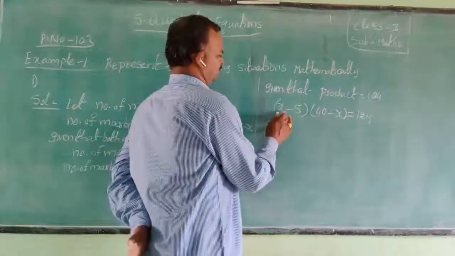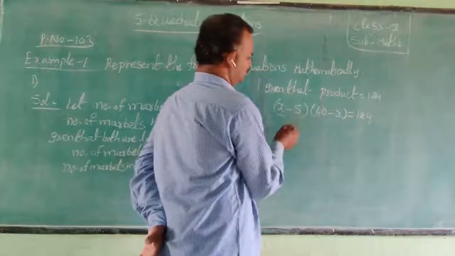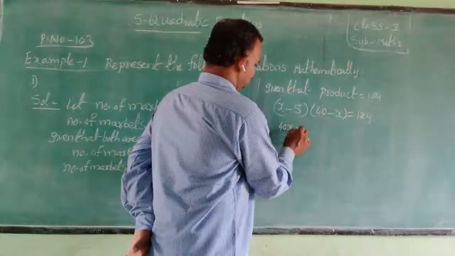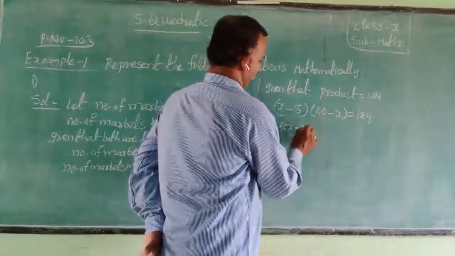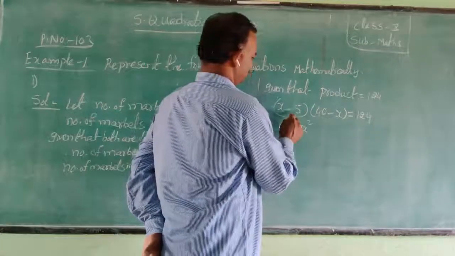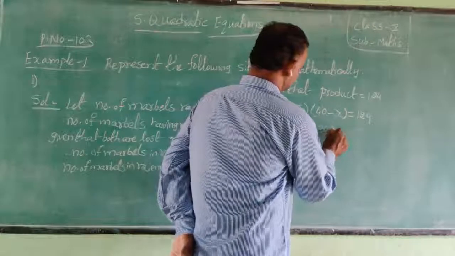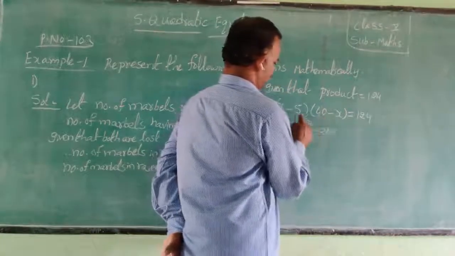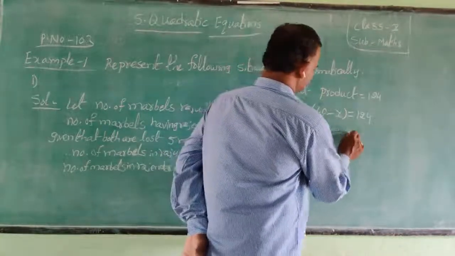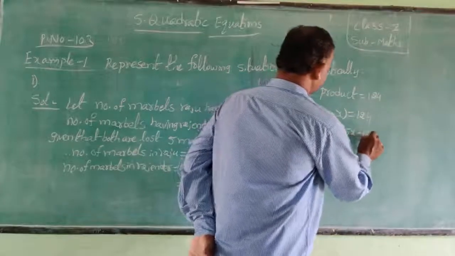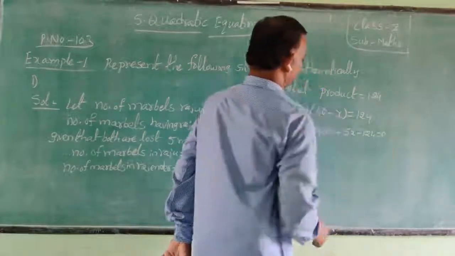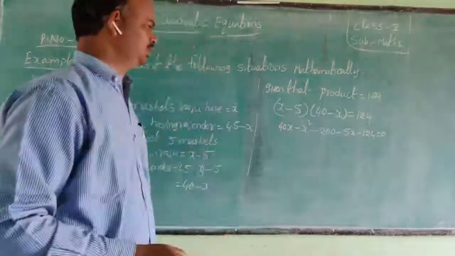Now we are multiplying these two values. X into 40, 40x, minus x into x, minus x square, minus 5 into 40, minus 200, minus into minus plus 5 into x, 5x, minus 124 is equal to 0.